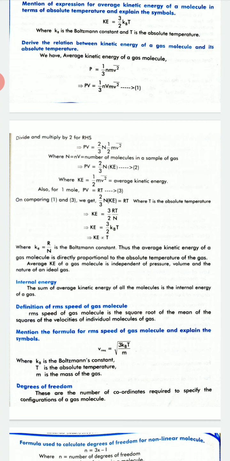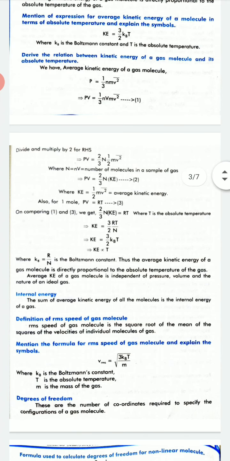R means root, M means mean, S is square of the velocity. RMS, root mean square of the velocity. Then after that we will see the formula of RMS speed of gas molecule.